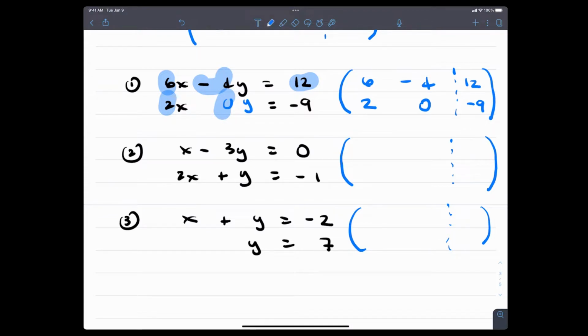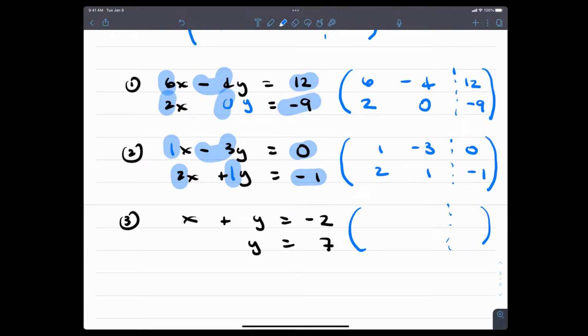Okay. Now what about this here? If you don't see a number, that's 1, negative 3, 0. So I'm writing my coefficient matrix here, 2, and then there's a 1 here because I don't see a number. If there's not a number, put a 1. That's 2, 1, negative 1. Okay, double check.